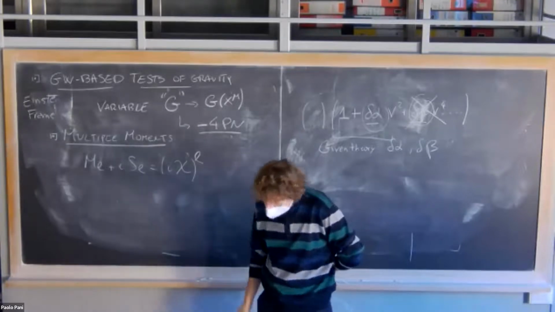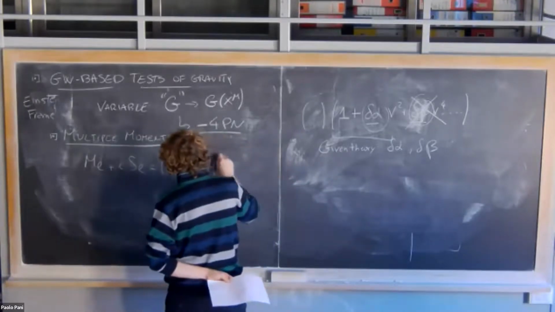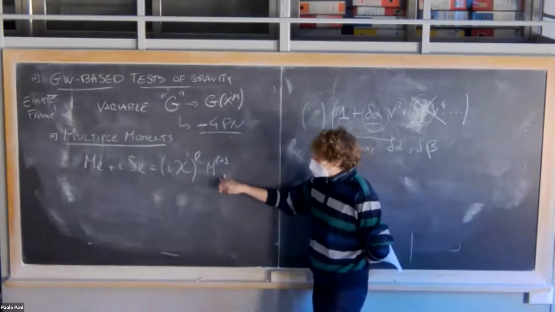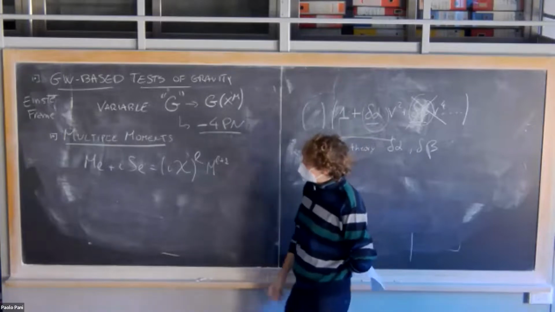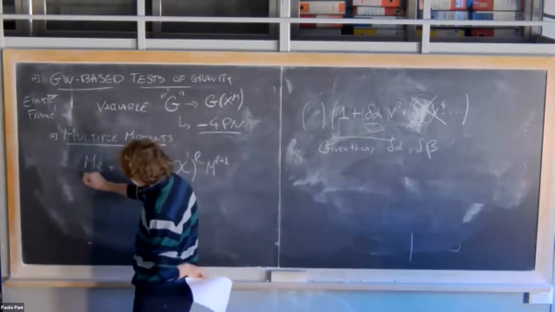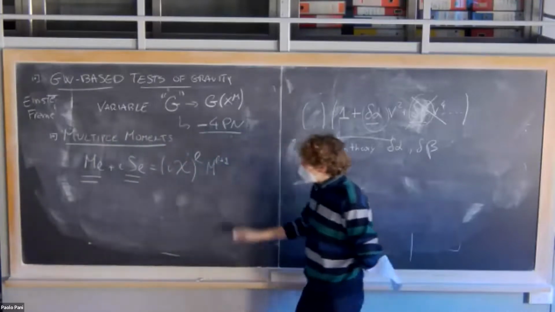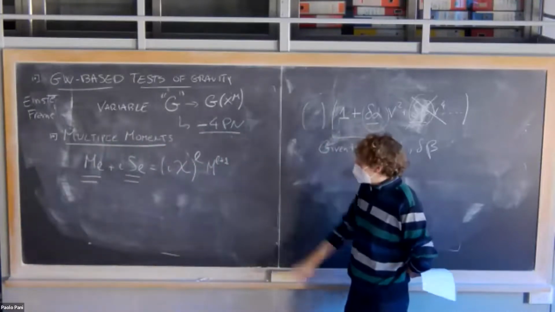There is a beautiful relation due to Geroch and Hansen showing that the mass multipole moments and what are called current multipole moments satisfy this single very elegant relation.